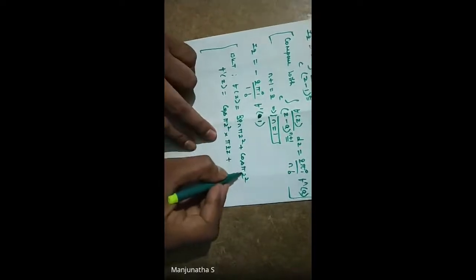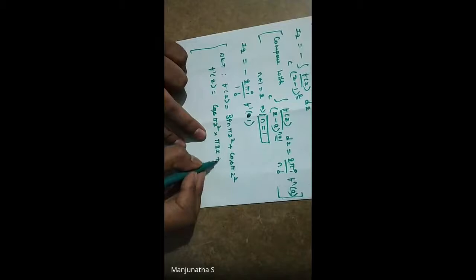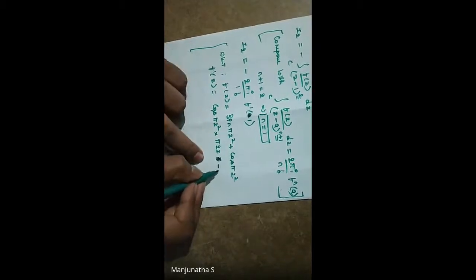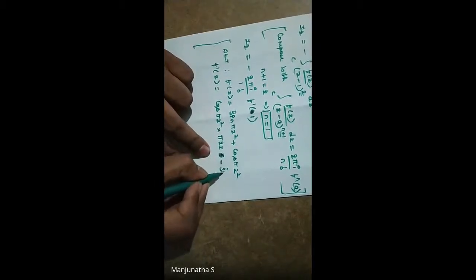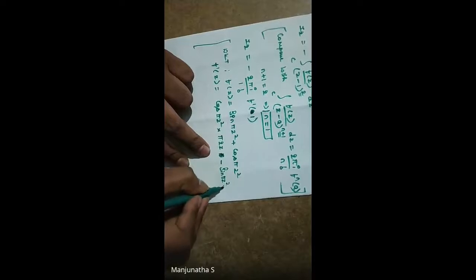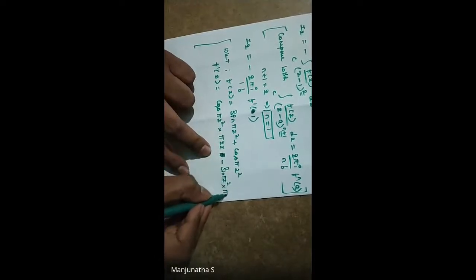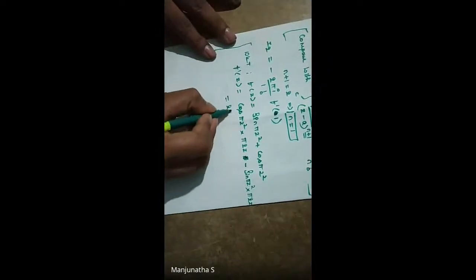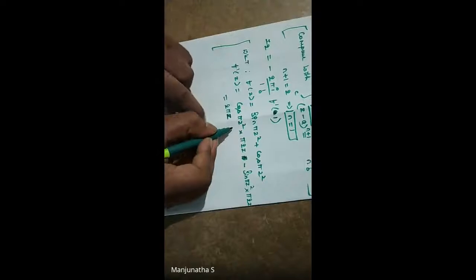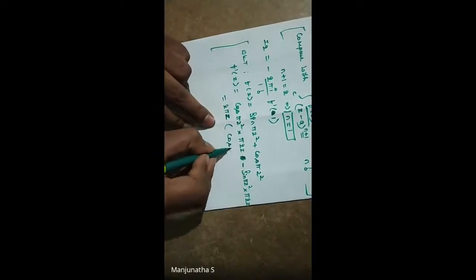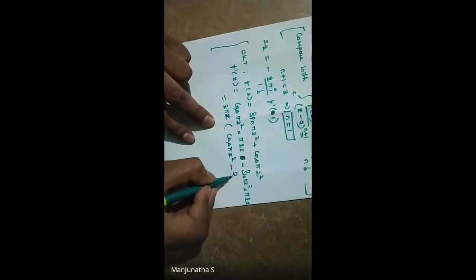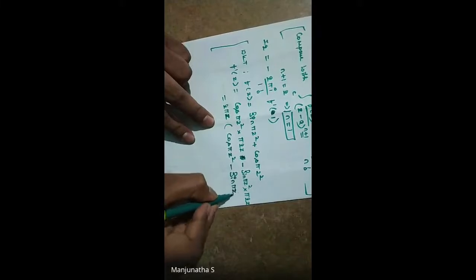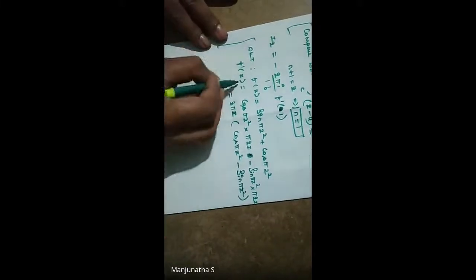Next, plus cos differentiation is minus sin. So it is plus into minus, minus sin pi z square into pi z square differentiation, pi into 2z. So what is common? 2 pi z is common. And the remaining elements are cos pi z square minus sin pi z square. So this is f dash of z.